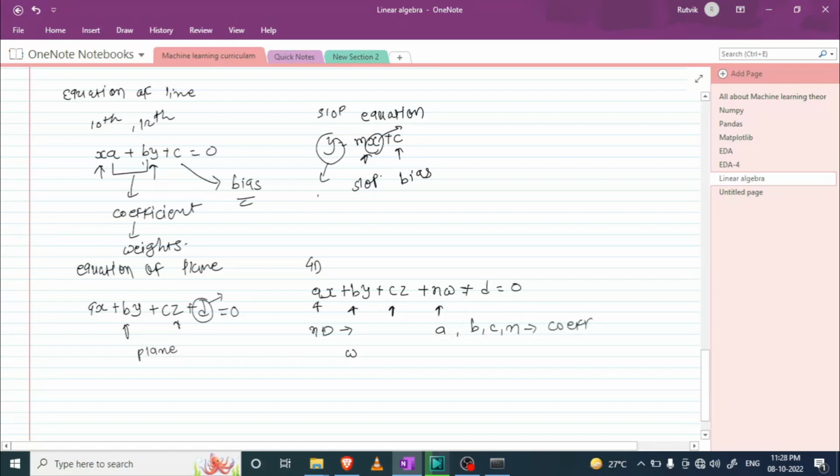To represent a coefficient, we can write like this: w1 x1 plus w2 x2 plus w3 x3 plus, here we have a bias, is equal to 0. So x1, x2, x3 we are using as variables which represent the dimensions.